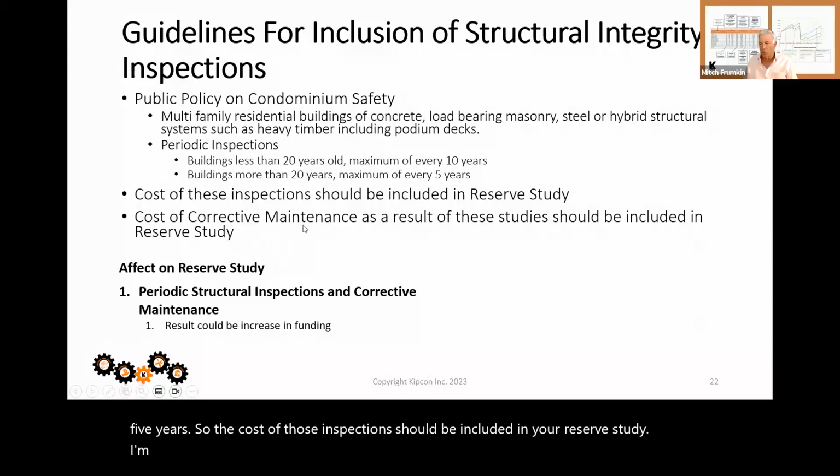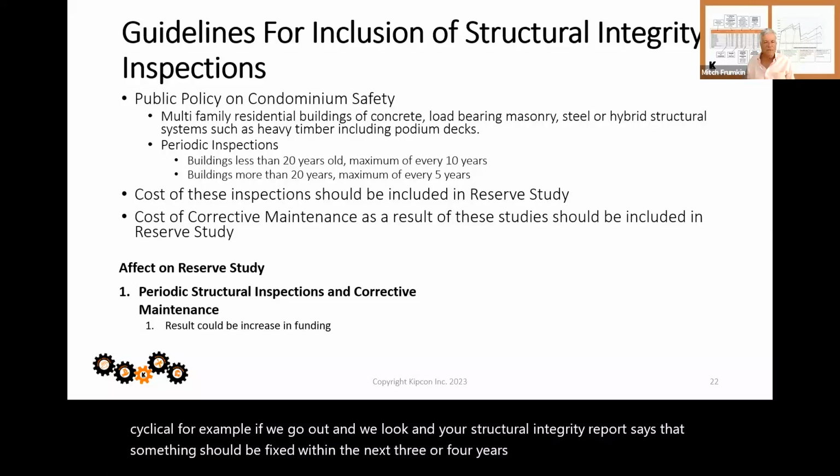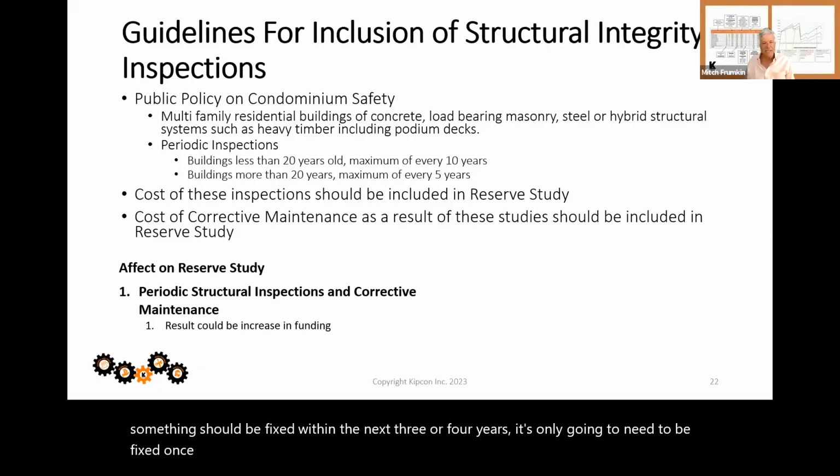Also the cost of corrective maintenance as a result of these studies, which ties into the non-cyclical. For example, if we go out and look and your structural integrity report says that something should be fixed within the next 3 or 4 years, it's only going to need to be fixed once, but that non-cyclical item should be included in the reserve study.